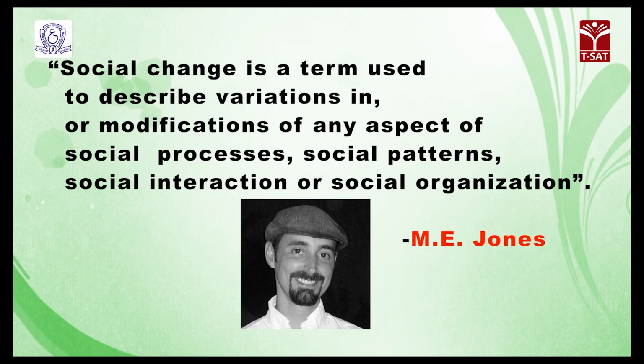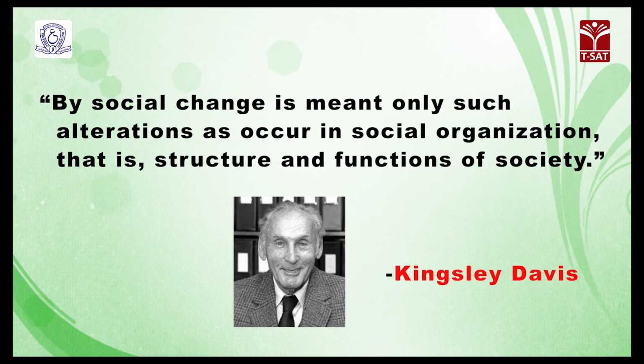According to M.E. Jones, social change is a term used to describe variations in or modifications of any aspect of social processes, social patterns, social interaction or social organization. According to the second definition, by social change is meant only such alterations as occur in social organization, that is, structure and functions of society.